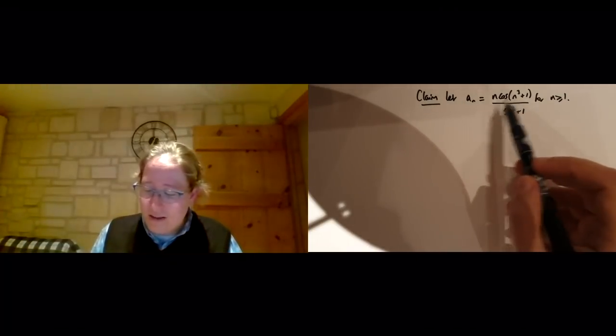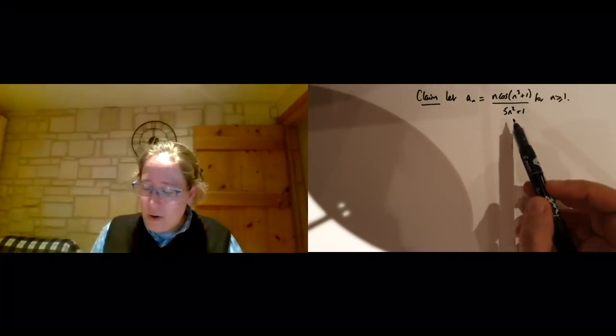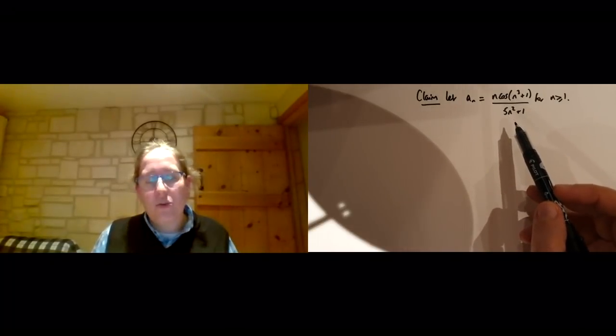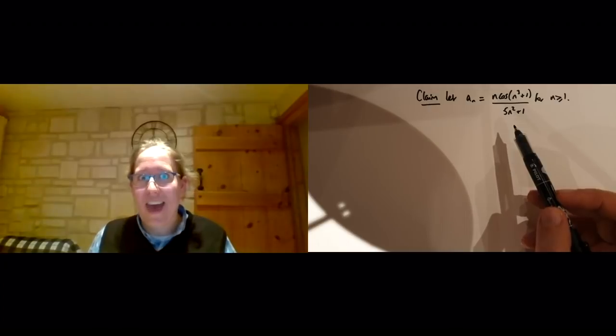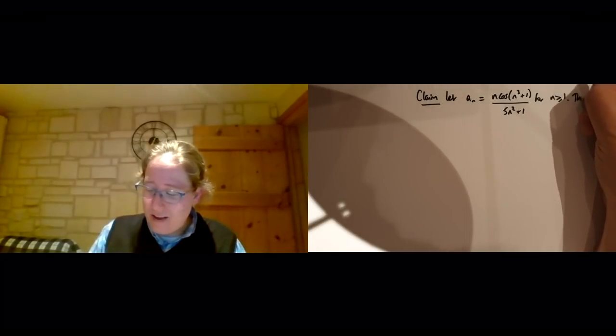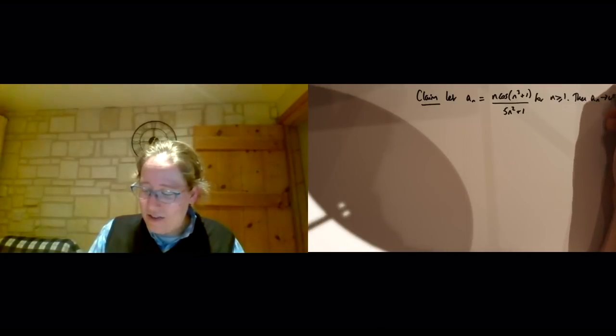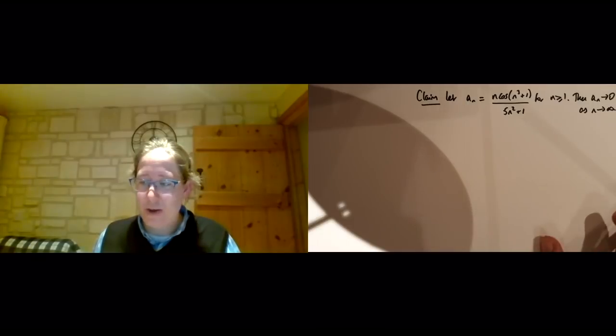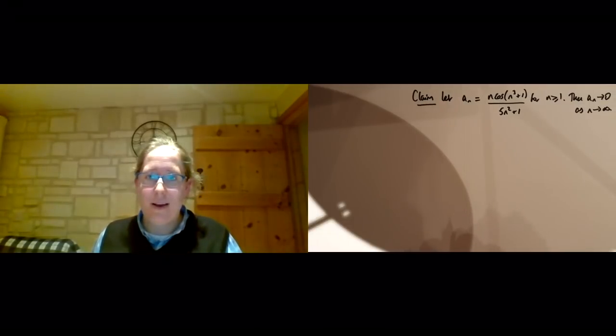So the numerator here is between minus n and n, whereas on the bottom, the n squared in 5n^2 is going to be much more important than the n in the long run. So I think that a_n tends to 0 as n tends to infinity. That's what we're going to try to prove, and hopefully that seems like a plausible claim for you.